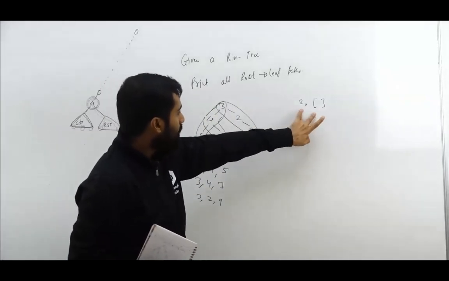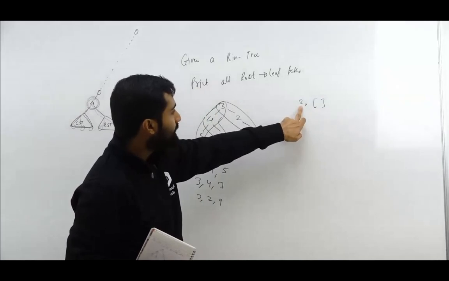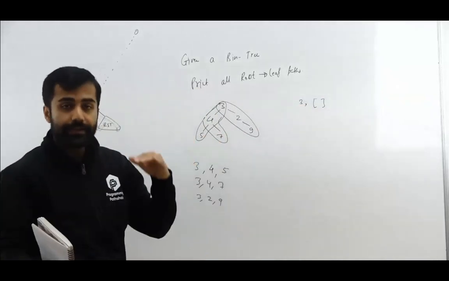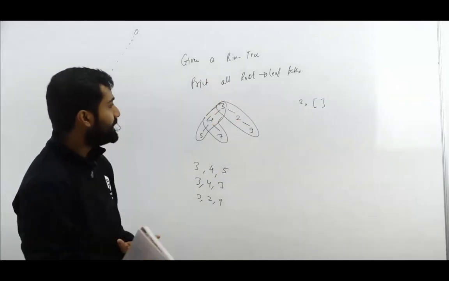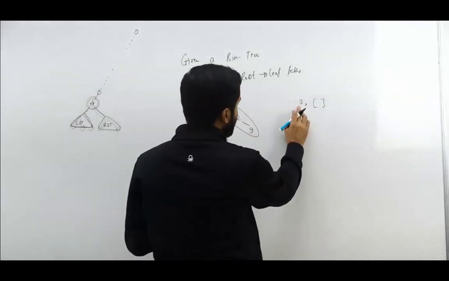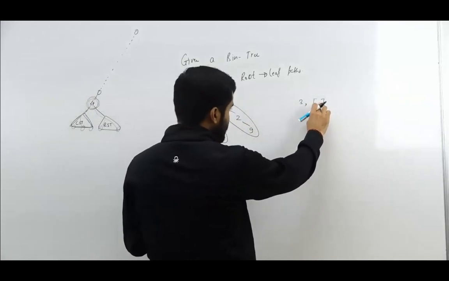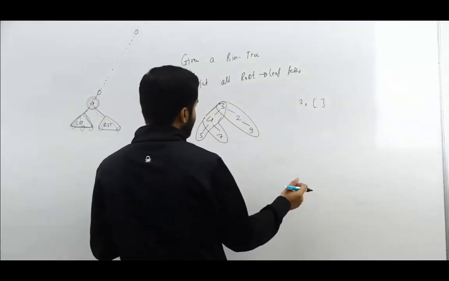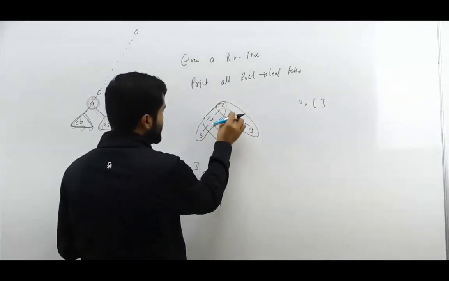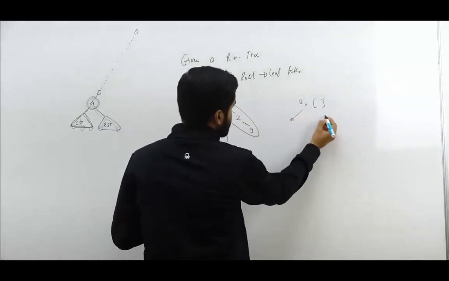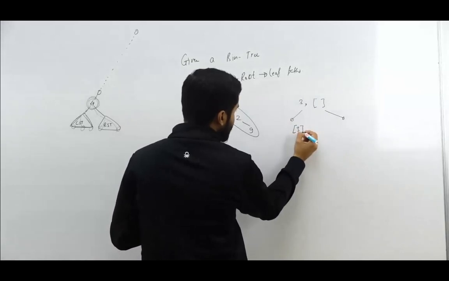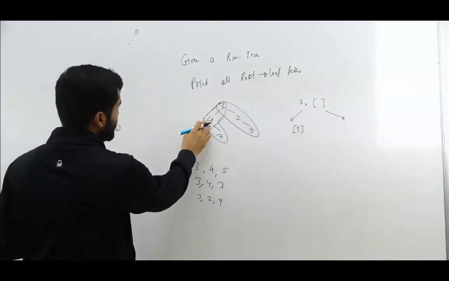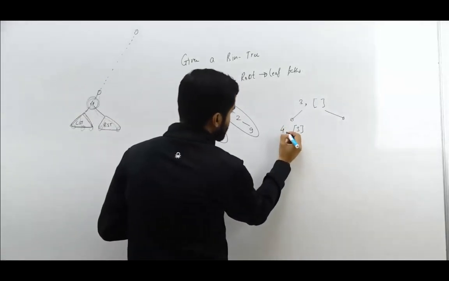And now, because I am at this node 3, I know for sure that all the paths that pass through 3 will be having 3 in them. So the first thing I'll do is I'll push this 3 in this vector or array, and then I'll make a call to the left child and the right child. So when you push this 3 inside this, you will have 3 over here, and then you will make a call to the left child, which is 4.